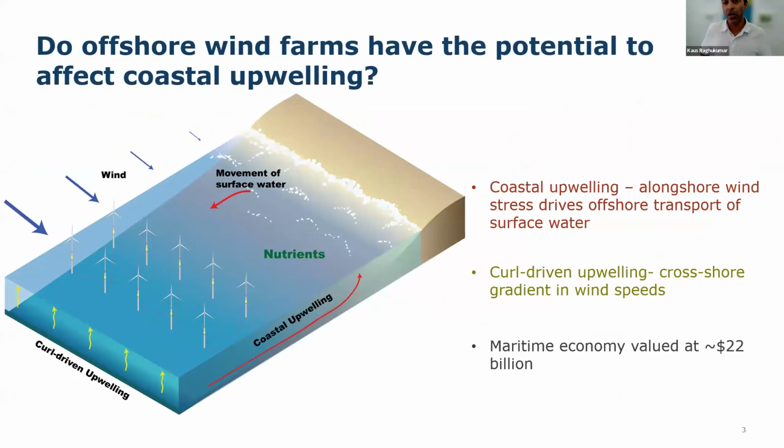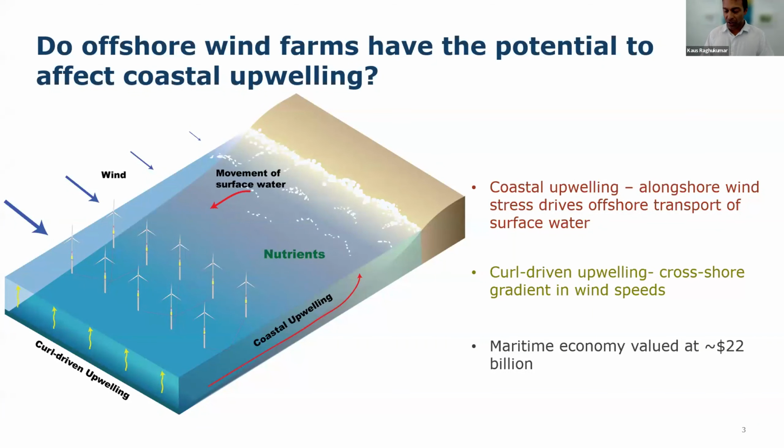So the question we posed to the California Energy Commission back in 2020 was: if there's a reduction in wind speed in the lee of a wind farm due to wind energy extraction by a farm of wind turbine generators, is there the potential for that reduction to affect wind-driven upwelling?